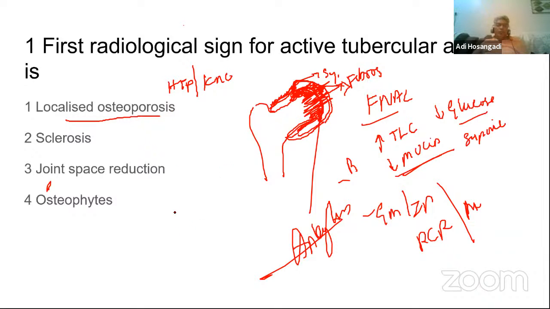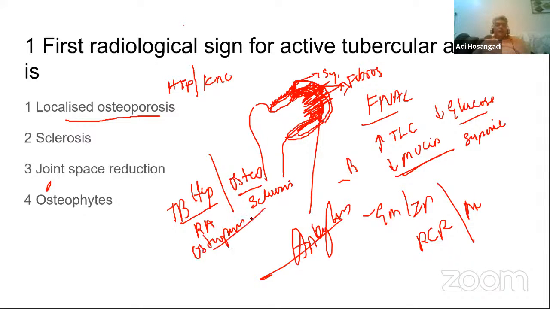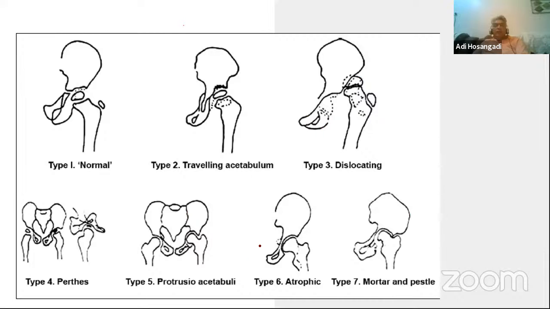The most important thing to remember in the difference between TB hip and osteoarthritis is that in osteoarthritis there will be sclerosis. In tubercular arthritis or rheumatoid arthritis there is osteoporosis. Okay, so this I have explained again.